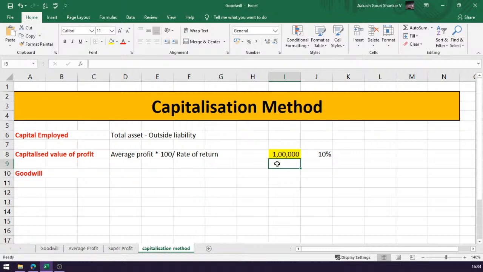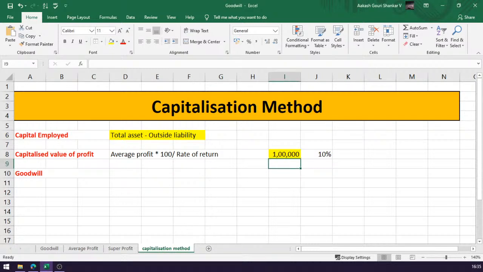This is should have been invested, not the actual invested. The amount which we are actually investing is capital employed. Here, what we are finding is, in order to earn this profit, what is the value of capital that would have been invested?